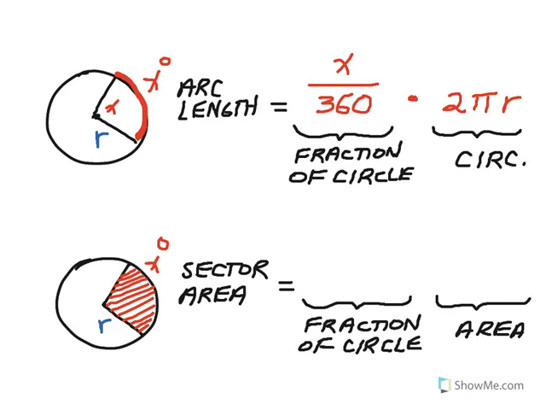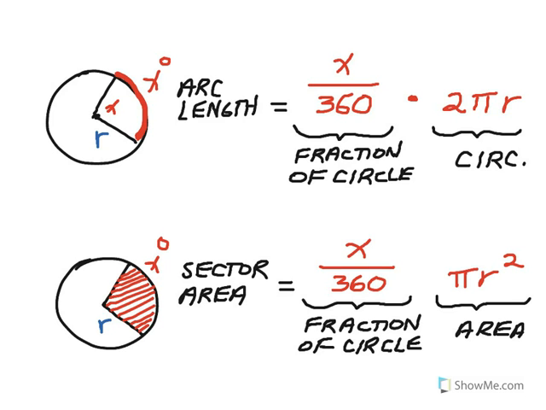Now to find the sector area, remember a sector is a segment of the circle. It's like a piece of the pie, and it has area. It has space inside of it. I want to know how many square units that is. So if I start with the area of the whole circle, it's pi r squared. And I want to take a fraction of that, the part that's inside the sector. So out of the 360 degrees, it's the same thing.